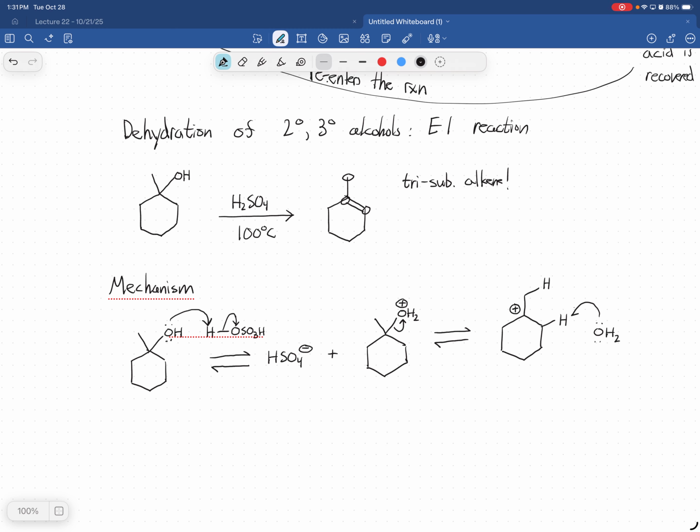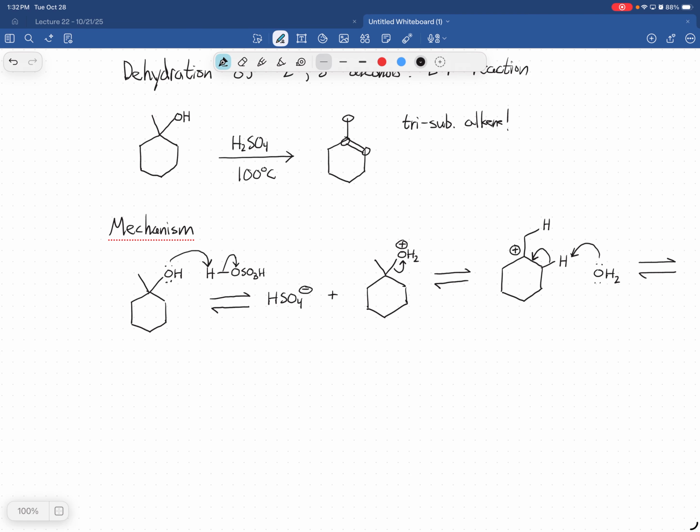You just need to write a plausible mechanism, and this H now will form a double bond there, and now the carbocation has been neutralized. So there are no more reactive intermediates here. The final product is this alkene plus H3O+, and the H3O+ just gets cycled back to do the reaction again. So that acidic hydrogen gets recycled.